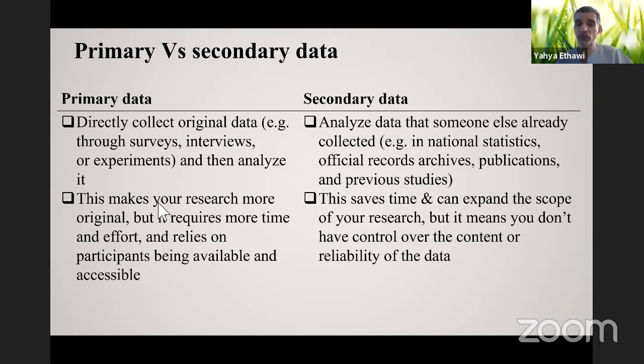Primary makes your research more original. Secondary saves your time. Primary data are limited. Secondary data are more generalized and have wider scope. With primary data, you have control over the independent variable to change the dependent. With secondary data, you don't have that control because it's already there.